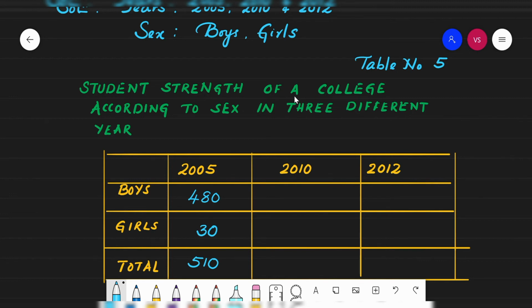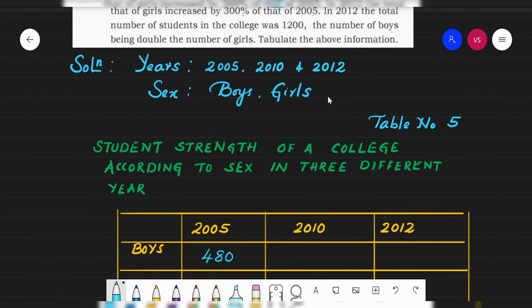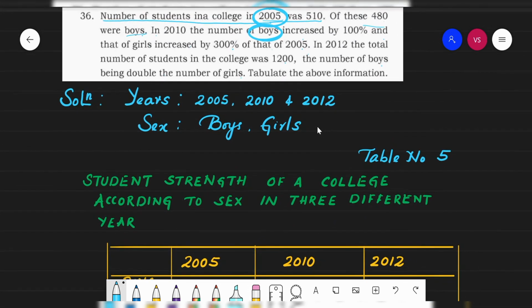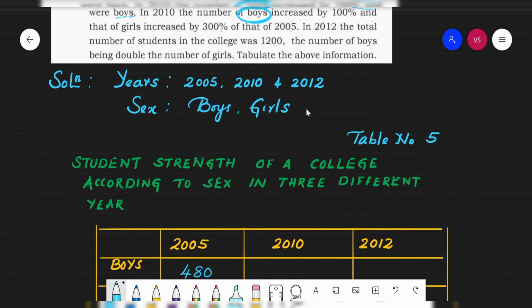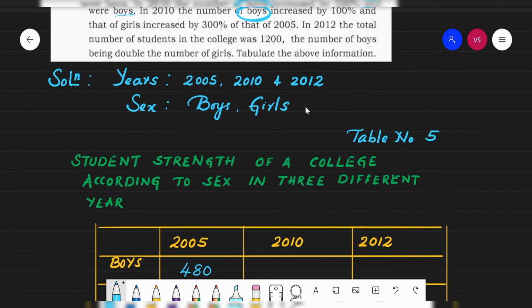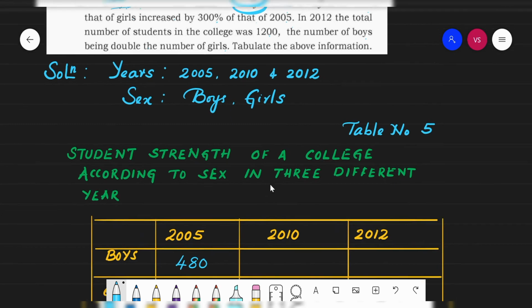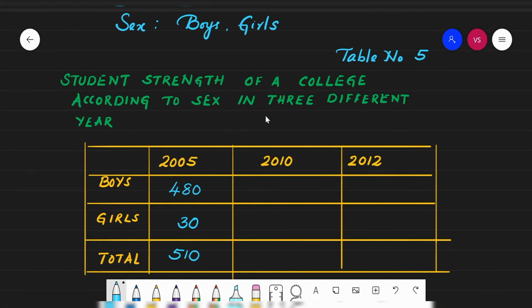Right. Next, in the year 2010, the number of boys increased by 100%. Increased by 100% means 480 again, so 480 plus 480 would be 960 students.